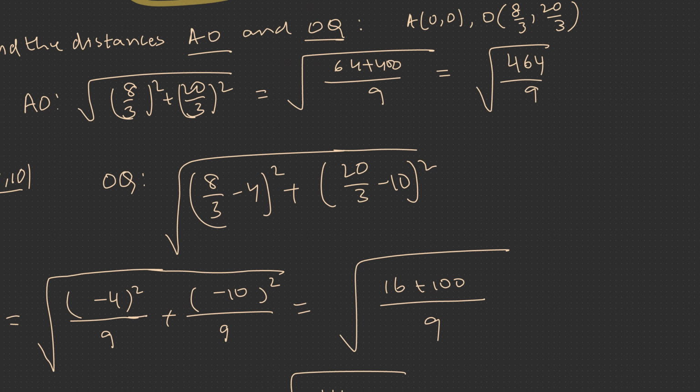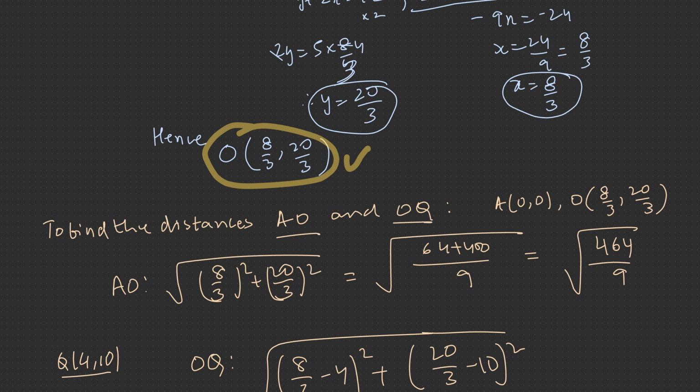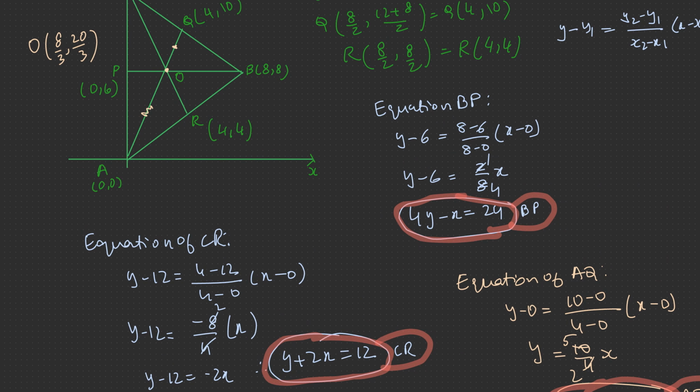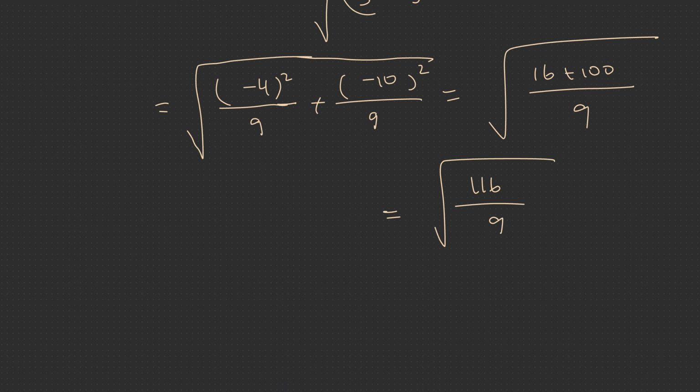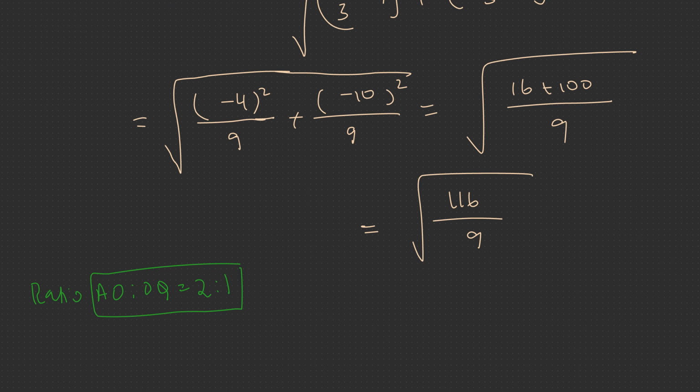So what we need to do is we need to find the ratio. We need to find the ratio AO over OQ. So if I write ratio AO is to OQ is equal to 2 is to 1. So that's what we have to prove, right? So AO over OQ I can do.